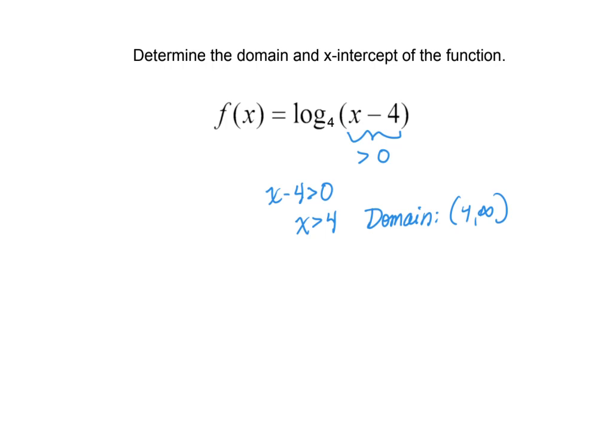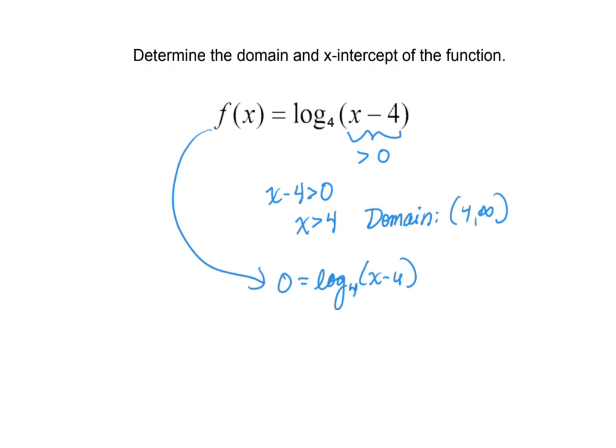To find the x-intercept, remember the x-intercept has a y value of 0. Anywhere on the x-axis, y is 0. So I take my logarithmic function and I set it equal to 0. I can rewrite this in exponential form.